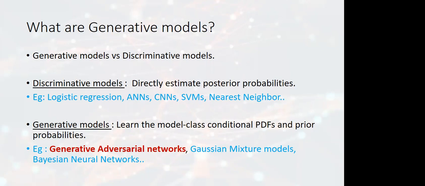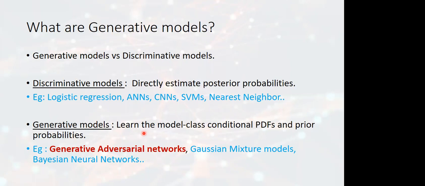Whereas generative models, instead of simply learning the posterior probabilities, which is basically just the value of a variable or a conditional probability, essentially learn the class conditional PDF and the prior probability.